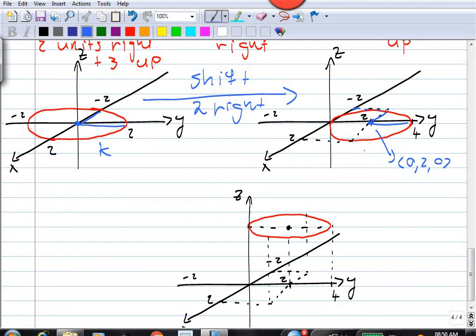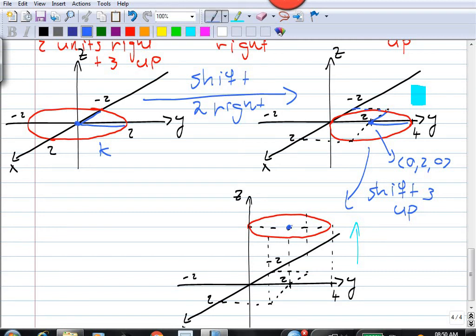So we shift the curve 3 units up. So we take the curve here, this one here, and we just pick it up and we move it 3 units up. So now, there's the center of our circle.